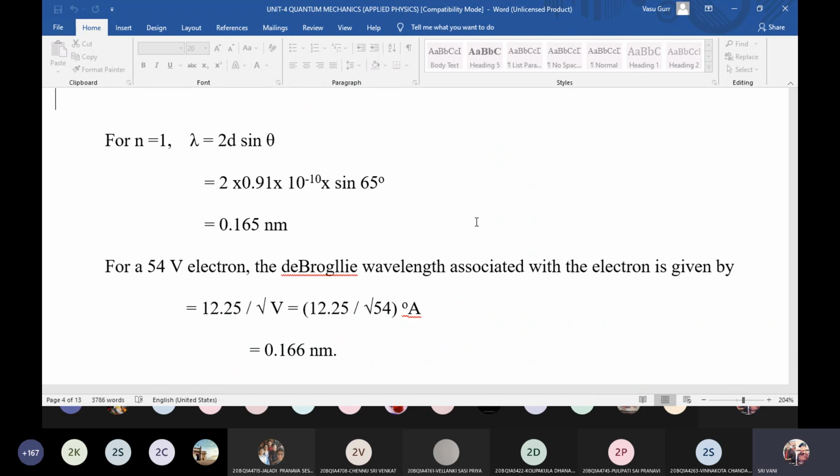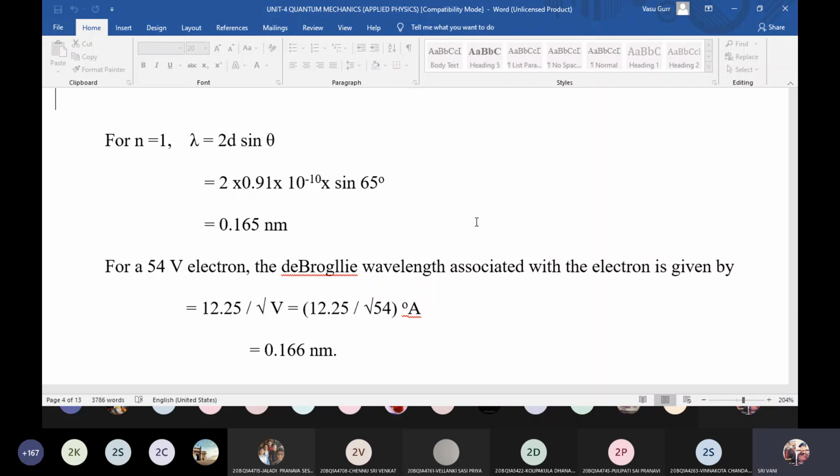Regarding that aspect, they will test everything. The values you should remember: the potential for the GP Thomson experiment is 54 volts, and for the Davisson-Germer experiment it is also 54 volts, and the diffraction angle is 65 degrees. Next, the interplanar spacing between any two atoms inside the nickel target is 0.91 into 10^-10, the d value.